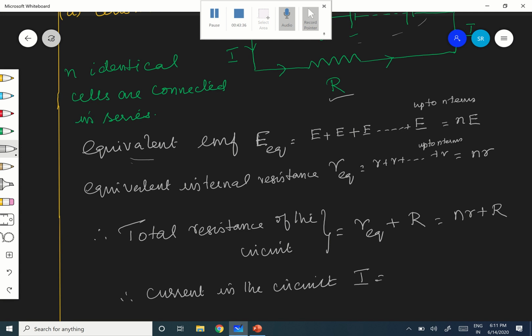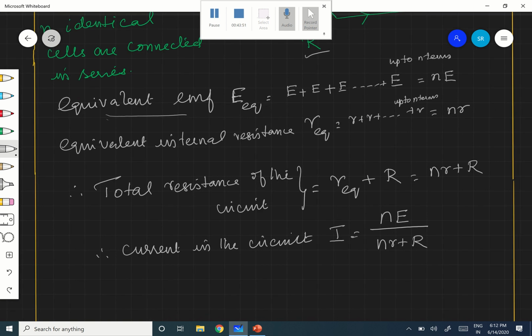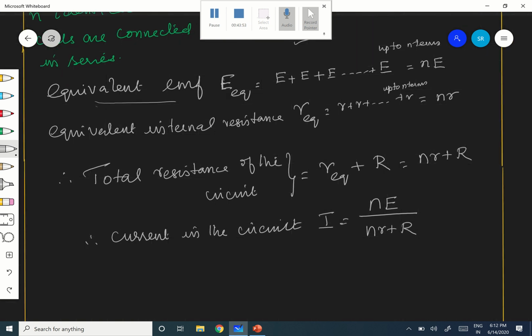Total EMF is nE, divided by total resistance n r plus R. So the current in the circuit is I equal to nE divided by (n r plus R). Now we'll go for special cases.